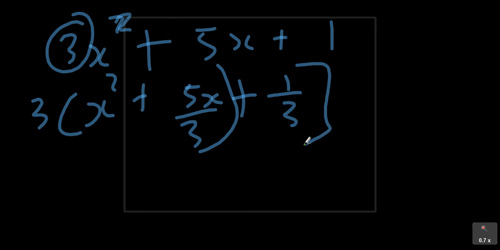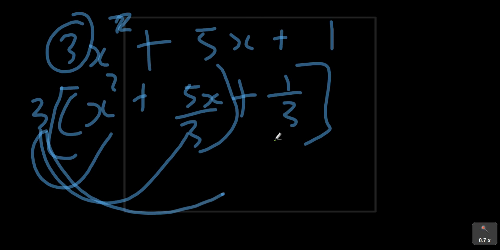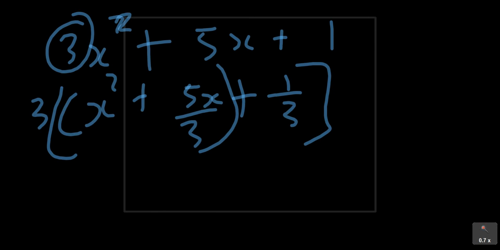And why do we do that? Let's look. Remember, if we go back to the original quadratic expression, if I multiply this 3 by each term, it should give me back 3x squared plus 5x plus 1. If I say 3 times x squared, it gives me 3x squared.